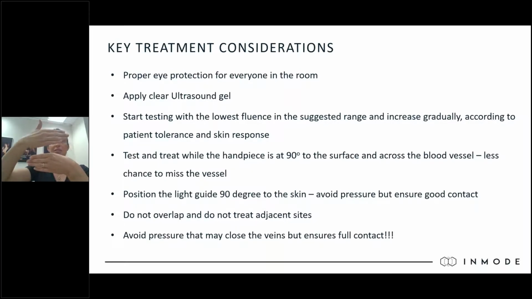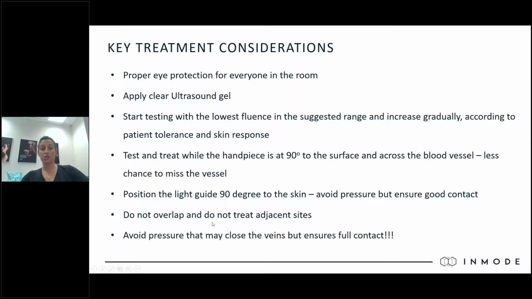If I'm locating it like this, there are higher chances for me to miss the vessel. But if I'm targeting like this, at a 90 degrees angle, then there are higher chances for me to actually target the vessel at one point or another. So it will be something like that, but the vessel will get targeted. And then I will just move on along the vessel.